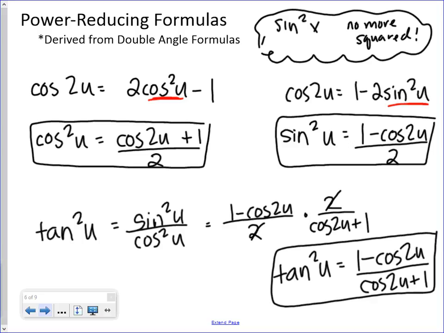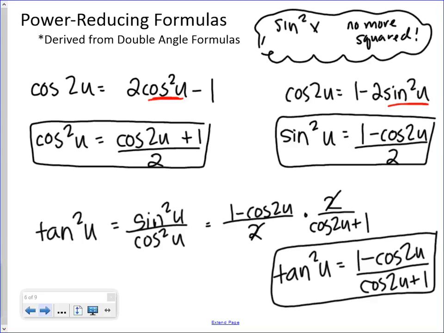And the numerator is not the conjugate of the denominator, right? Because the conjugate of the denominator would be cosine 2u minus 1, which is not the same as the numerator. The 1 would be negative, the cosine would still be positive. Those signs are switched. This is going to be the power reducing formula for tangent that you would see in all textbooks. Okay, so of course we can manipulate that formula if we want to, but we just stop there.